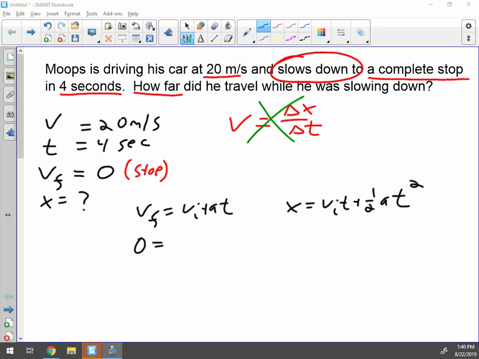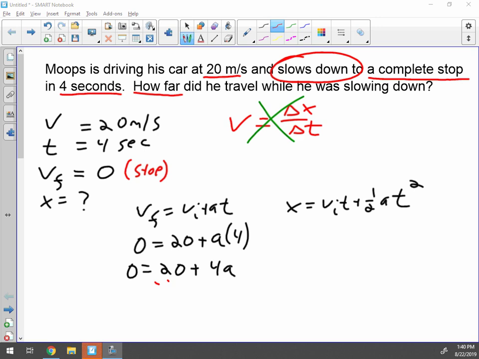So we have 0 equals 20 plus a times 4. I can rewrite that as 0 equals 20 plus 4a.